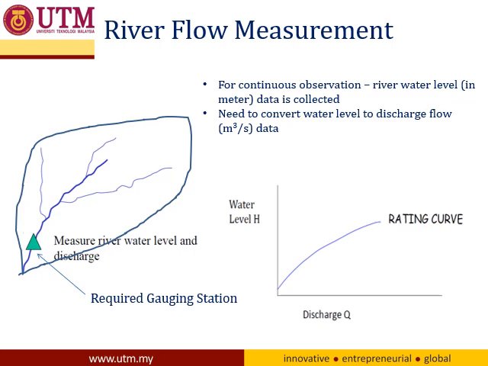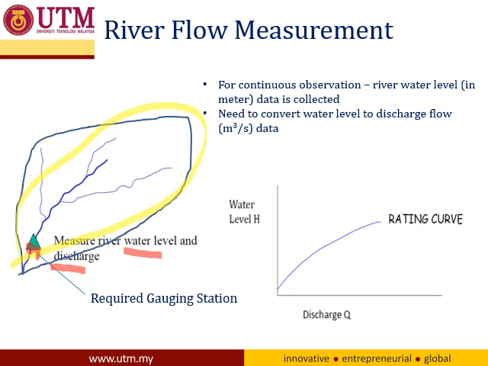I always draw this kind of figure. This is a catchment, and the catchment will have some river. Usually we will observe the discharge at the downstream. This discharge may be measured by a river gauging station which measures discharge, or it may measure water level.